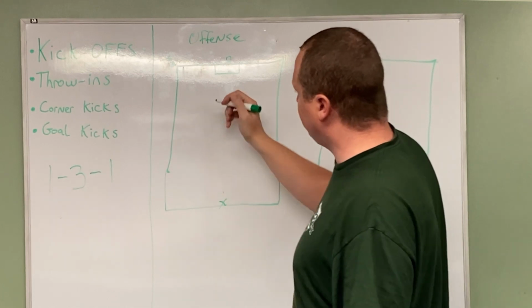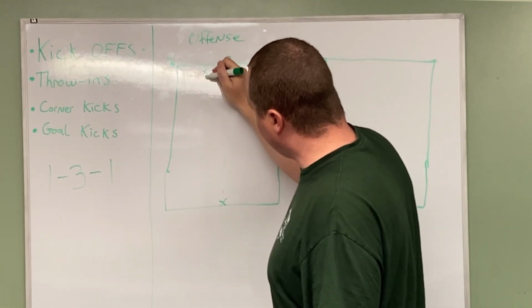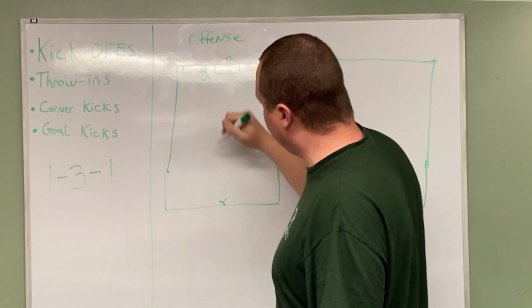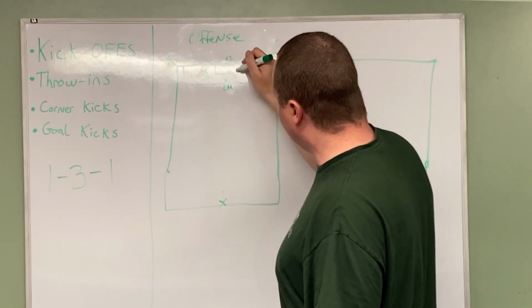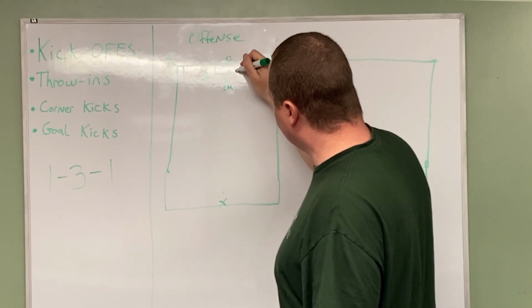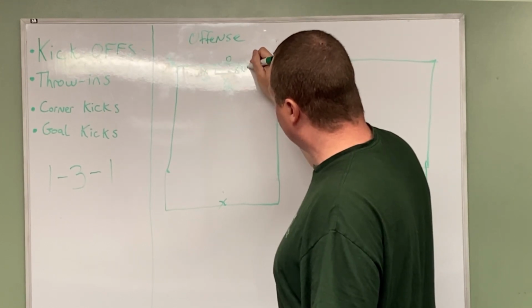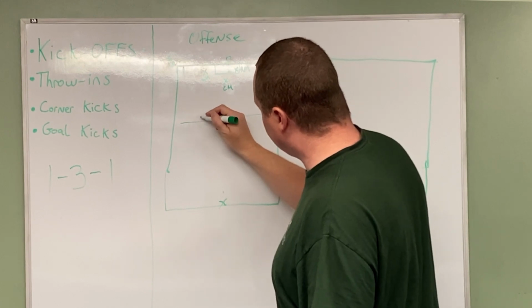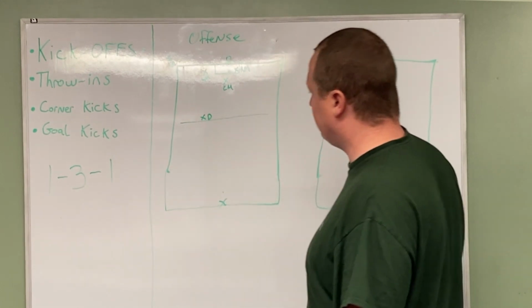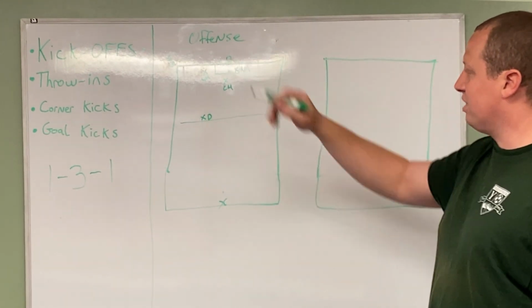So what we want is the left mid right here, the center mid right here, and the right mid right over here in the box. Then, here's the halfway line. We want the defense right here, defense right there, okay? That's a kick-in for us.